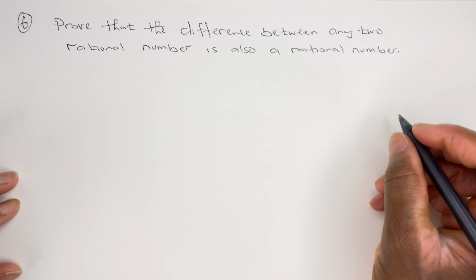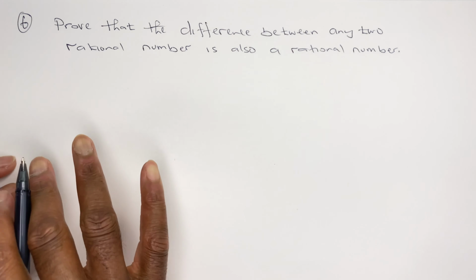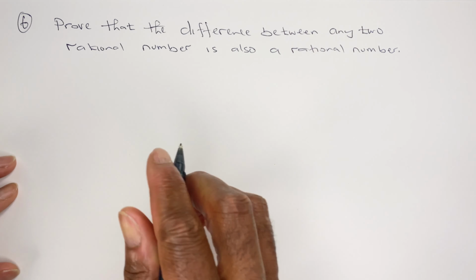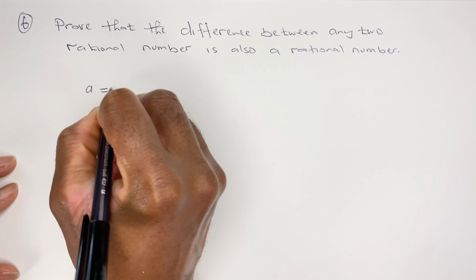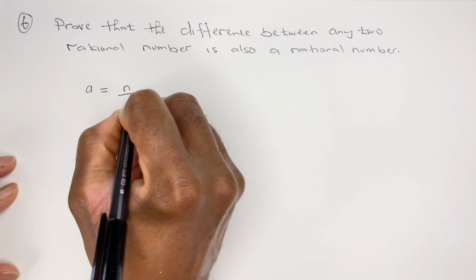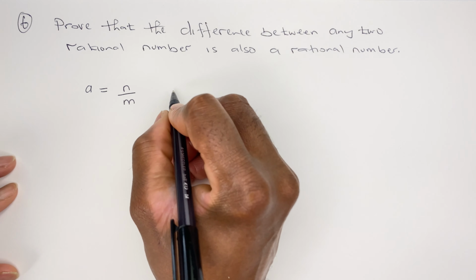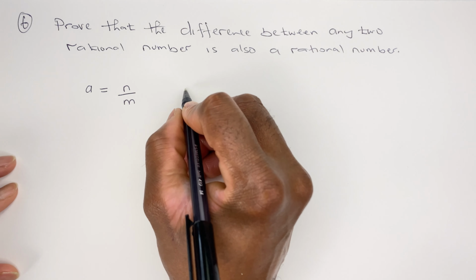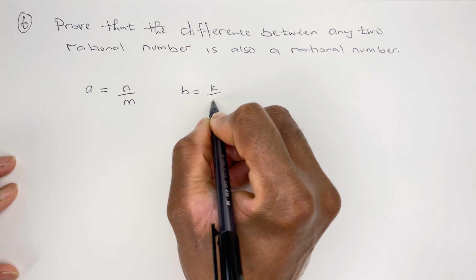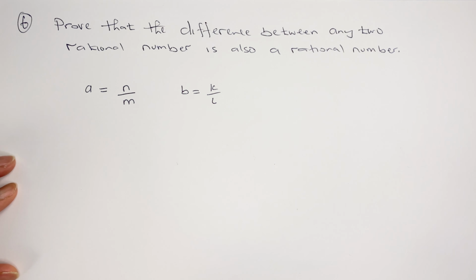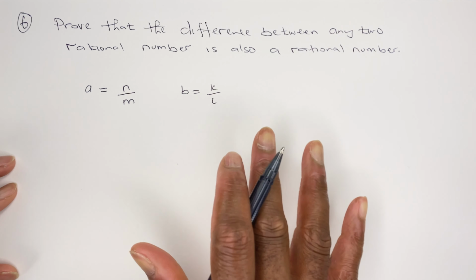So we've got two rational numbers. We can call the first rational number A, which equals n over m, and the second rational number B, which is k over L.